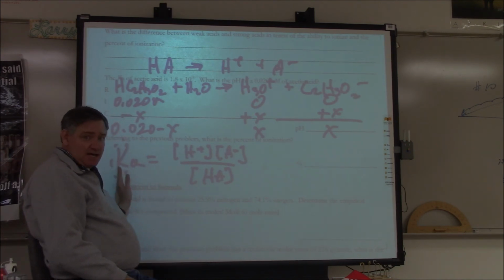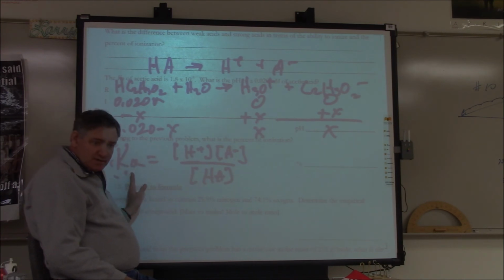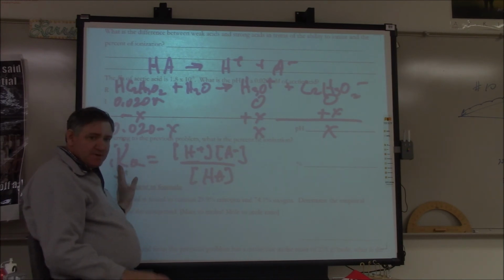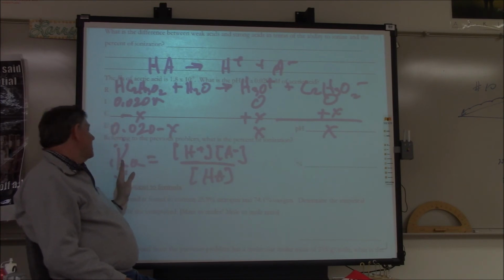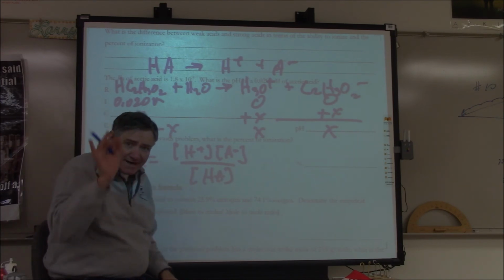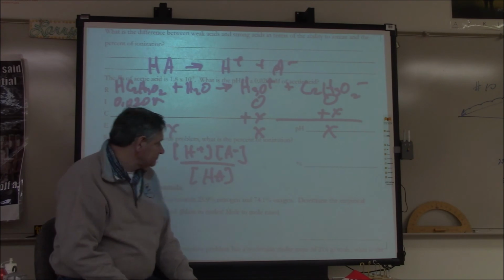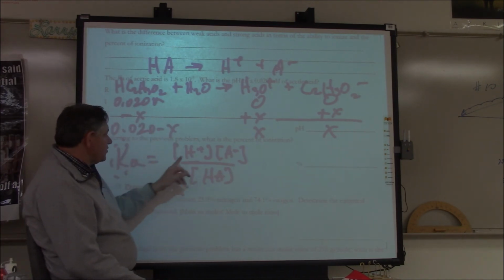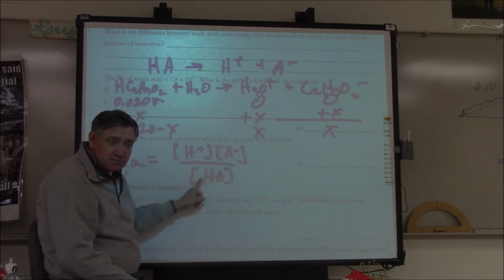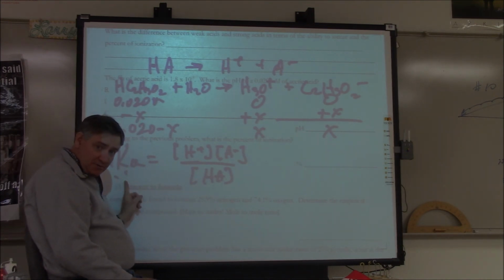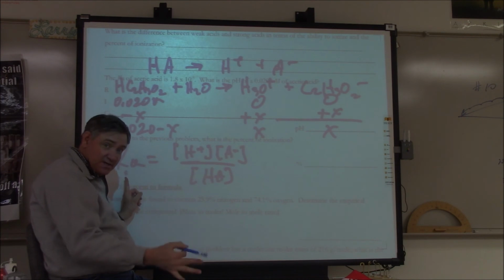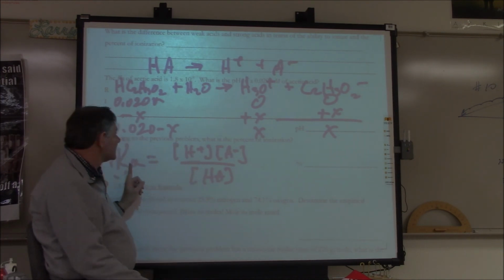Anytime you see K, Ka, Kb, whatever it is, KSP, which we'll get into with solubility later, that stands for at equilibrium. So this is going to be important. At equilibrium, Mother Nature wants these numbers over here mathematically to equal a particular numeric value. Okay? Because Mother Nature likes to be in equilibrium because Mother Nature is lazy.